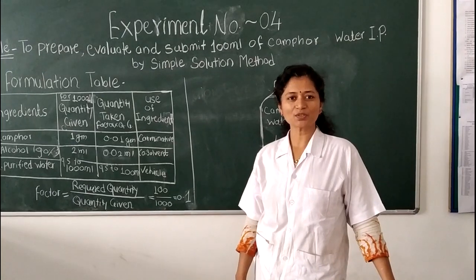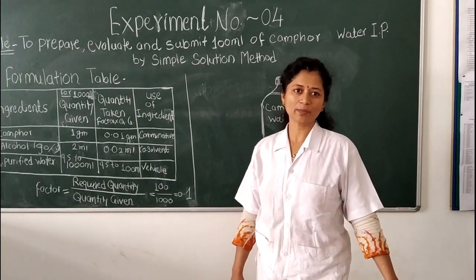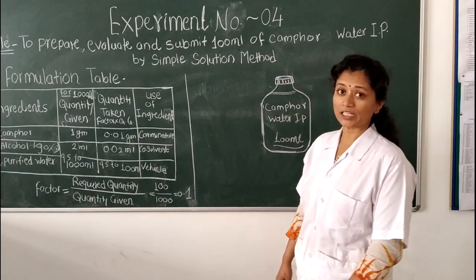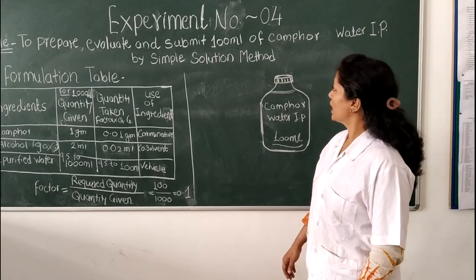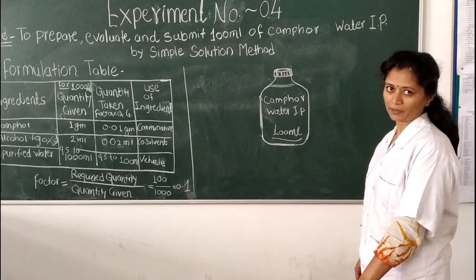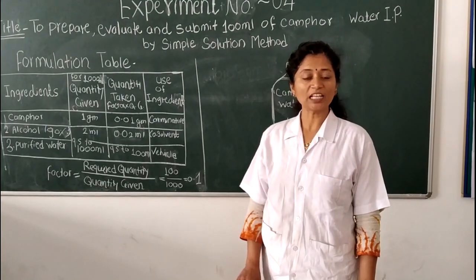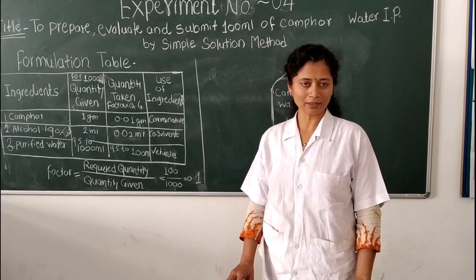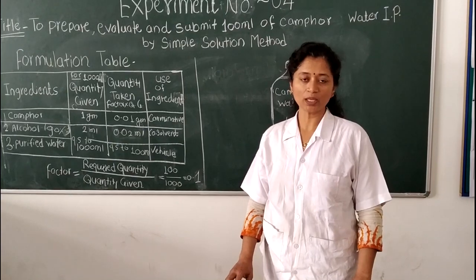Welcome dear students to the pharmaceutics first laboratory, and today we see experiment number 4. The title of today's experiment is to prepare, evaluate and submit 100 ml of camphor water IP by the simple solution method. In the simple solution method, we add our ingredient and our vehicle and mix them thoroughly.